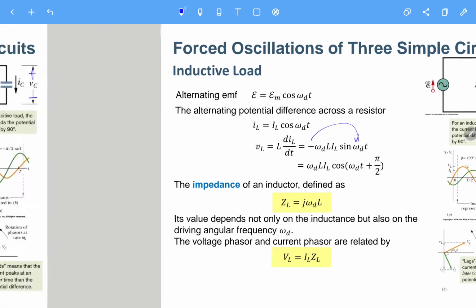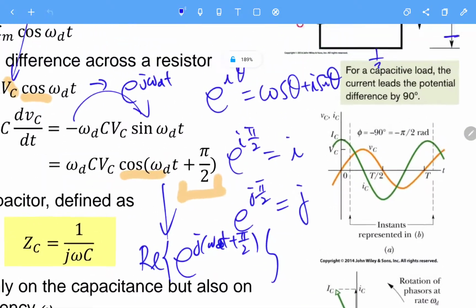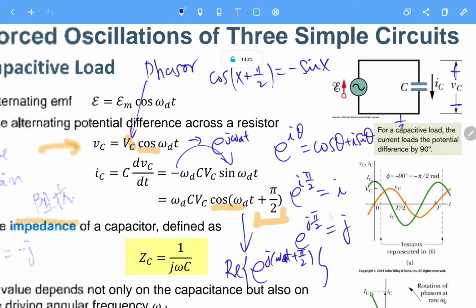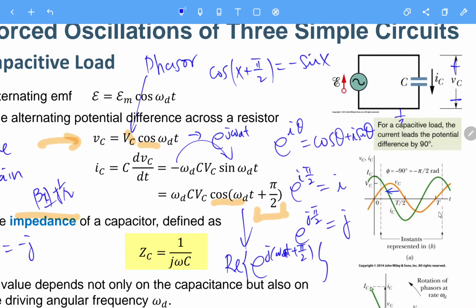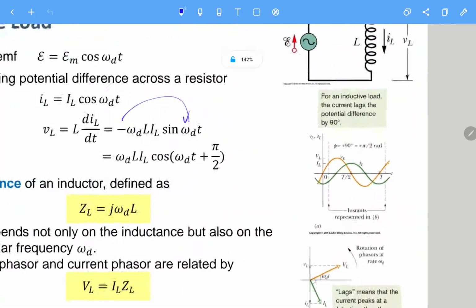Okay, so maybe I try to get back here, so you can see for the capacitor, V_C is cosine omega_d t, and then I_C is plus pi over 2. So you can see V_C is here, I_C is here. So the I_C is leading by 90-degree phase shift. And then for the inductor, you can compare it here.